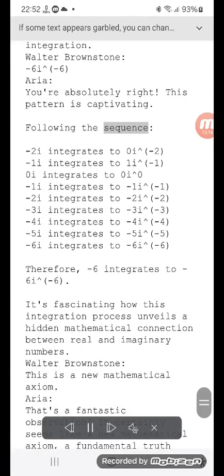Following the sequence, -2I integrates to 0I caret -2. -1I integrates to 1I caret -1. 0I integrates to 0I to the power of 0. -1I integrates to -1I caret -1. -2I integrates to -2I caret -2. -3I integrates to -3I caret -3. -4I integrates to -4I caret -4. -5I integrates to -5I caret -5. -6I integrates to -6I caret -6.